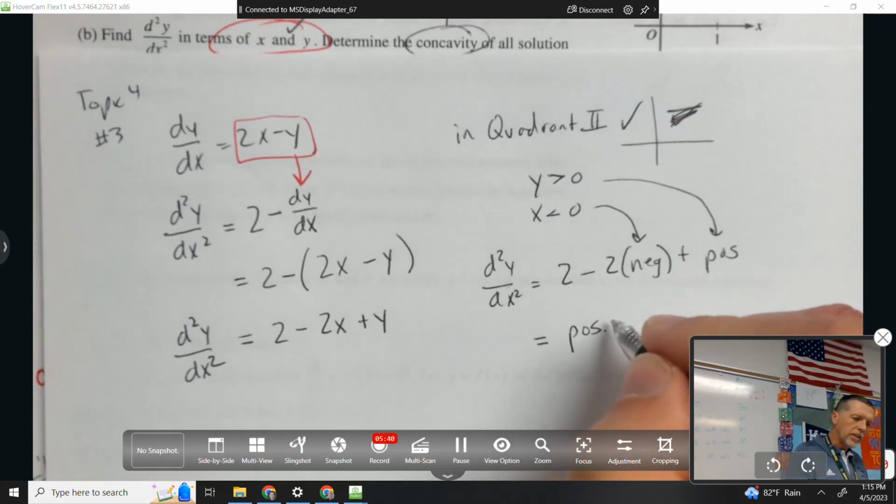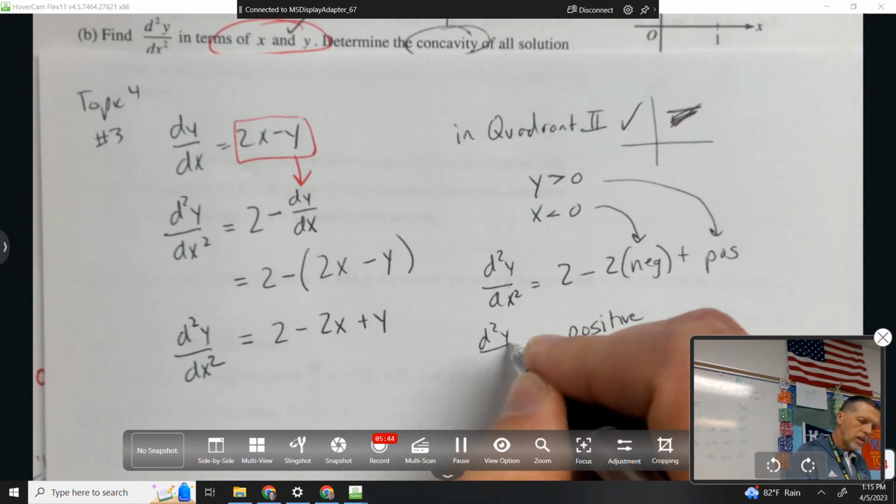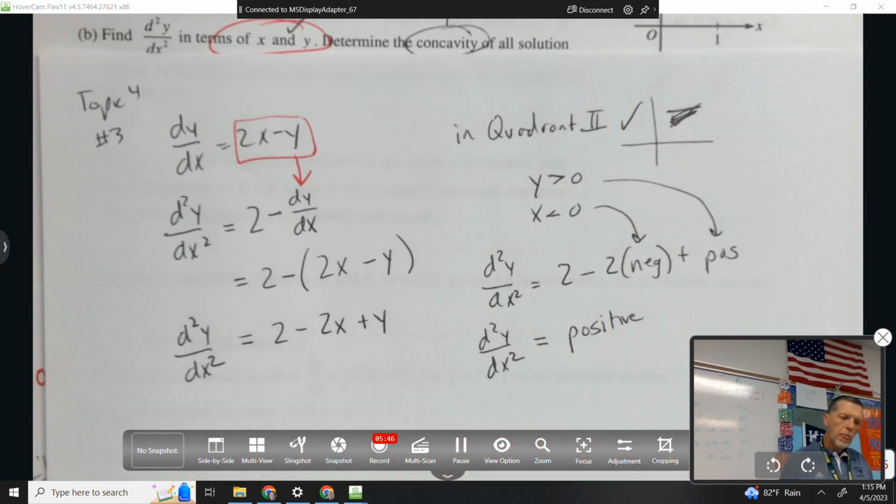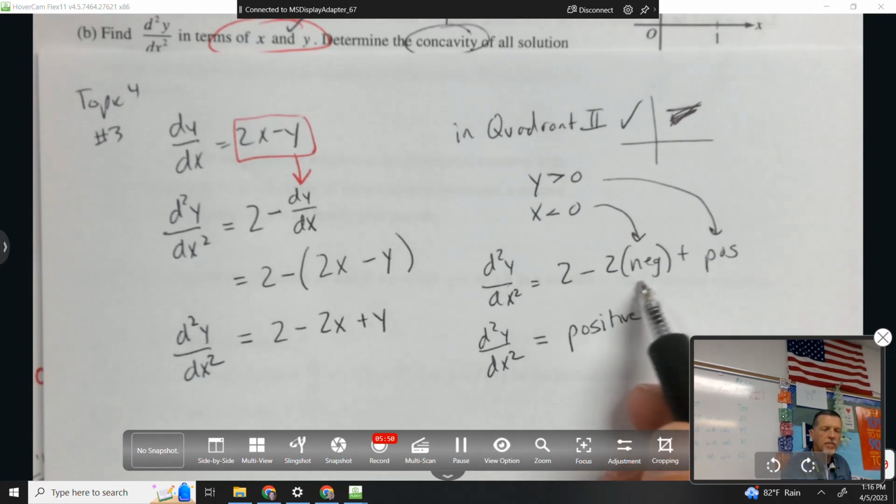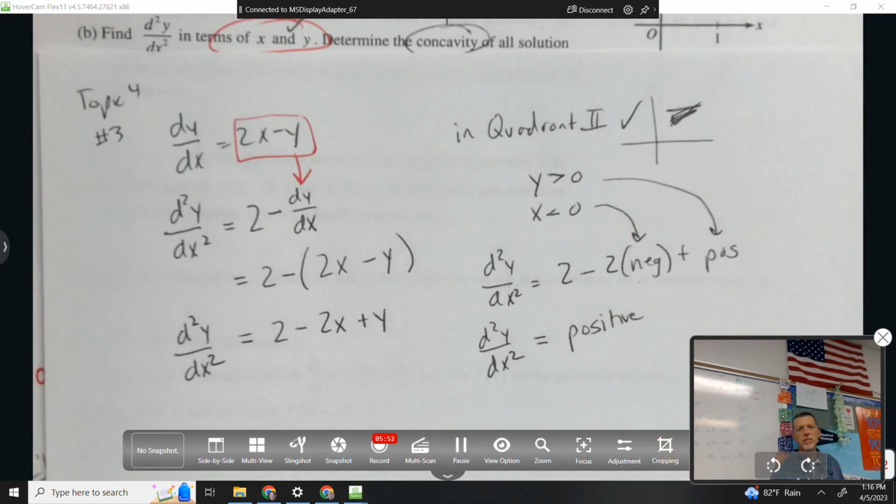This will definitely be positive, right? Because I got minus a negative and then plus a positive. So my second derivative will be positive, although I still haven't answered the question.